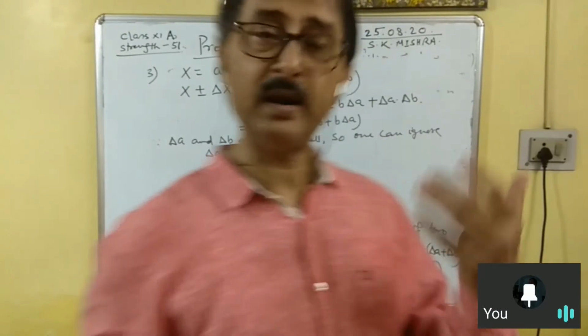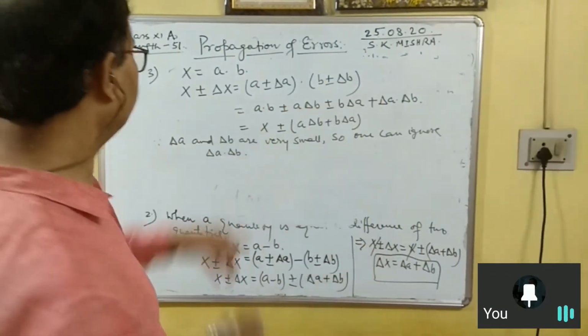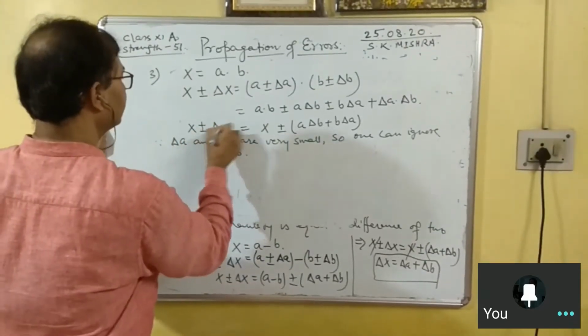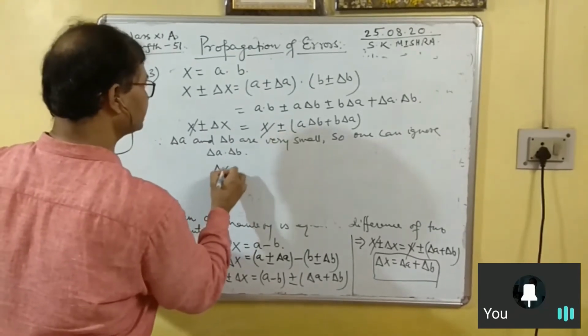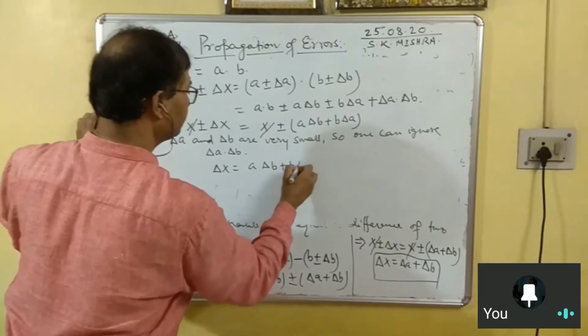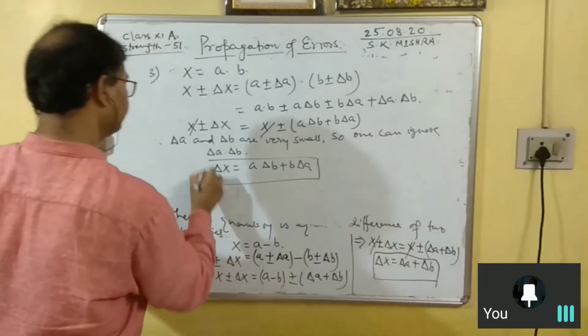So finally you are getting x plus or minus delta x. Now you can cancel this x with this x, and then delta x is equal to A delta B plus B delta A.